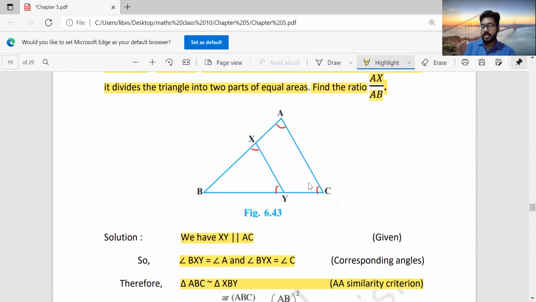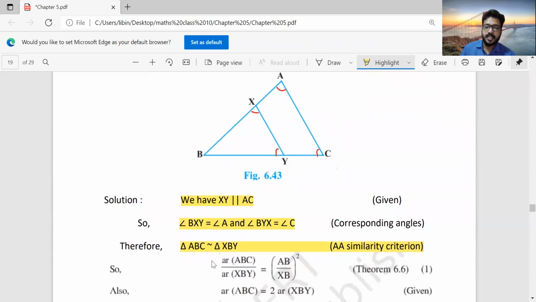Now, what does our previous theorem state? If two triangles are similar, then the ratio of their areas is equal to the ratio of the corresponding sides squared. So we are making use of that result here. That is area of triangle ABC divided by area of triangle XBY is equal to, we are taking AB by XB.